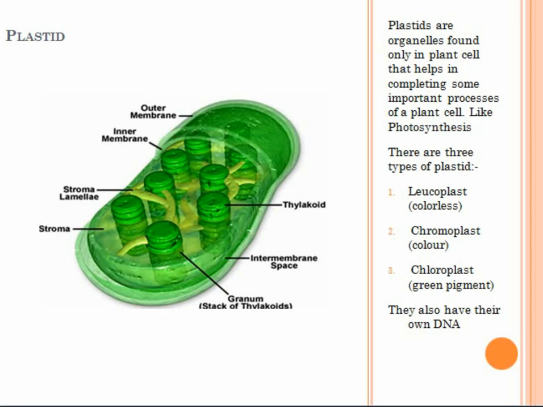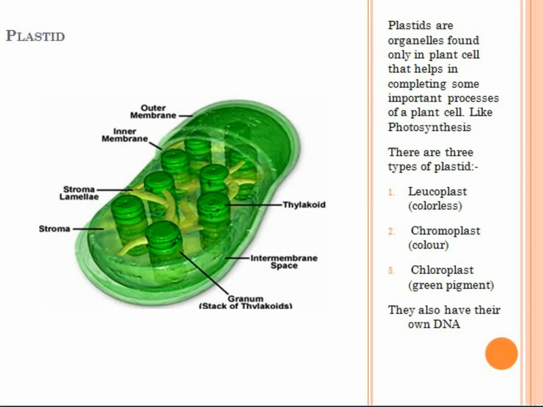Now, if photosynthesis does not take place in the plant, life is not possible because it forms the food for us. So, photosynthesis is a very major process, and in the lower classes, like 6th, 5th, we have studied about the green pigment called chlorophyll that helps in the process of photosynthesis. So these chlorophyll are in the chloroplast or the green pigment.